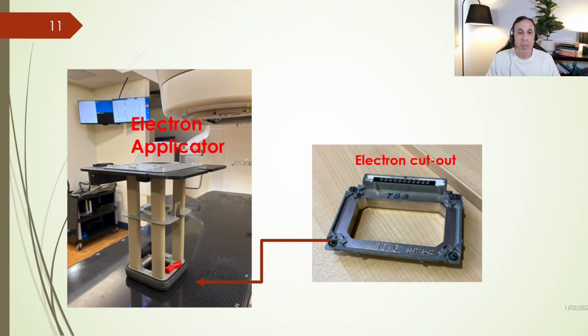The solution is that we should make an electron cutout for every patient and shape the electron beam for every patient based on the spread of the tumor region on the skin. So the electron cutout is located at the end of the applicator, as I have shown you, and it is the last part that reshapes the electron beam for the treatment of the patient.